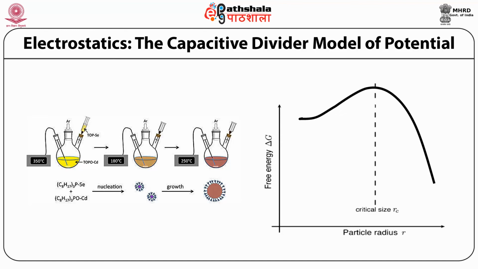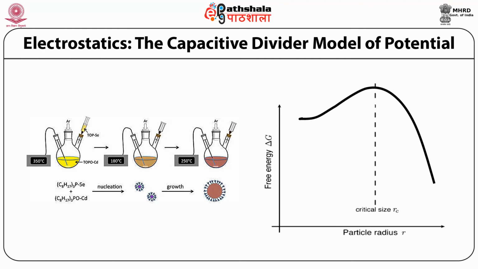We are interested in the case with the chemical potential of atoms in the solution being more than that of bound atoms. So the first term becomes negative, resulting in the free energy being a maximum for a certain critical radius RC at which the nucleation barrier is imposed, as shown in this figure.